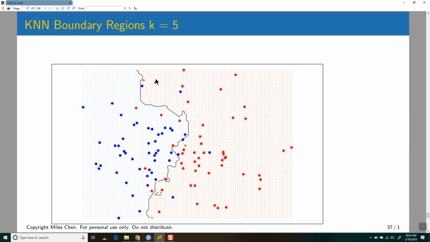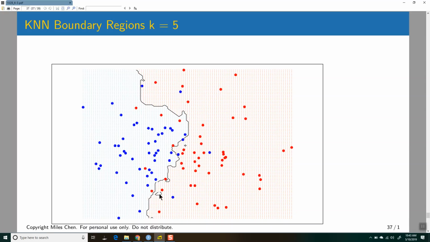With k equals 5, our borders get a little bit better. Yeah, you've got weird things like this. Dots inside here, these 2 blue dots and this red dot are the nearest. And so even though this red dot is right here, it gets classified as blue. But as I increase to k equals 5, things smooth out a little bit more.